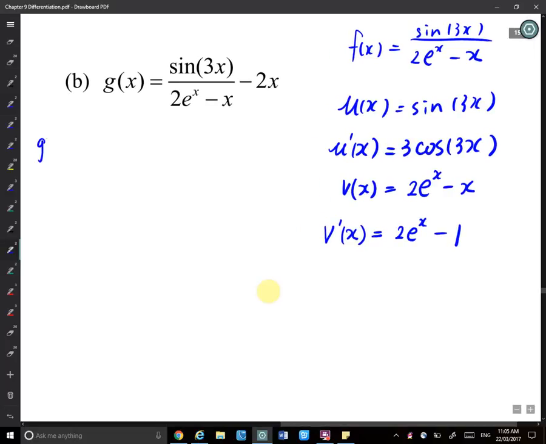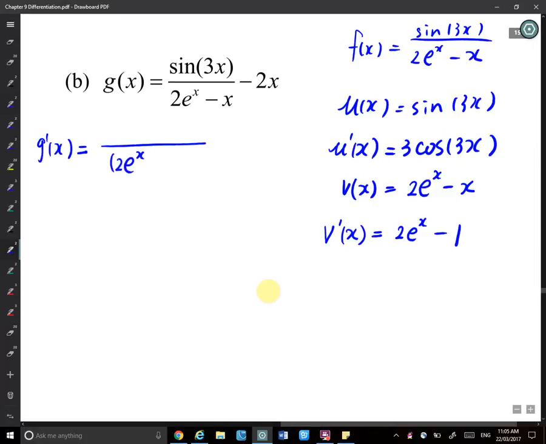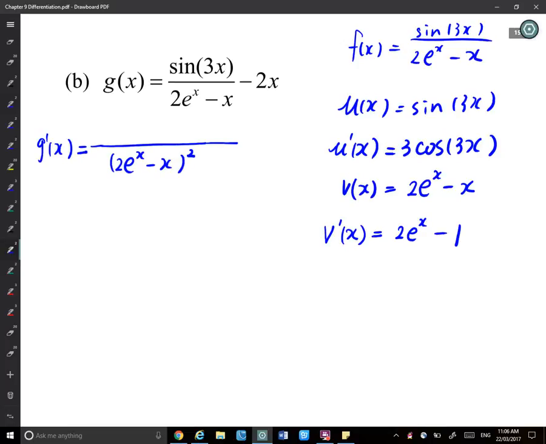So g'(x) equals, to use the quotient rule, what's the denominator? The bottom squared. So I have (2e^x minus x) squared. Okay, what's the numerator? Which derivative in the front? You differentiate which first, numerator or denominator?